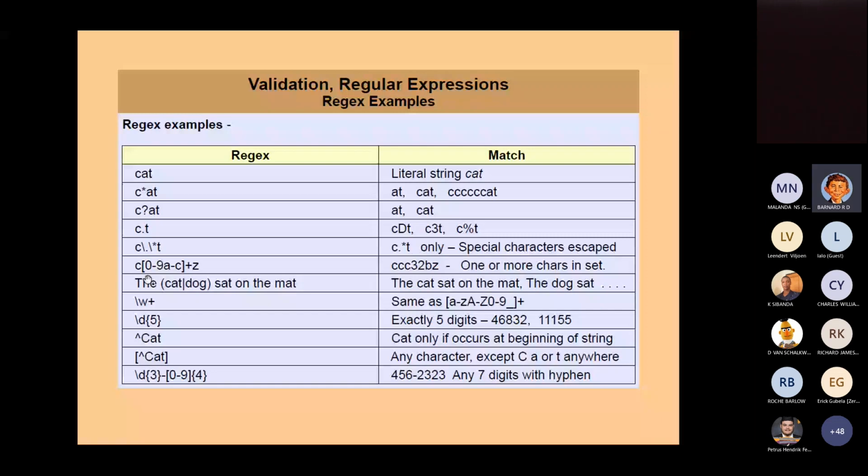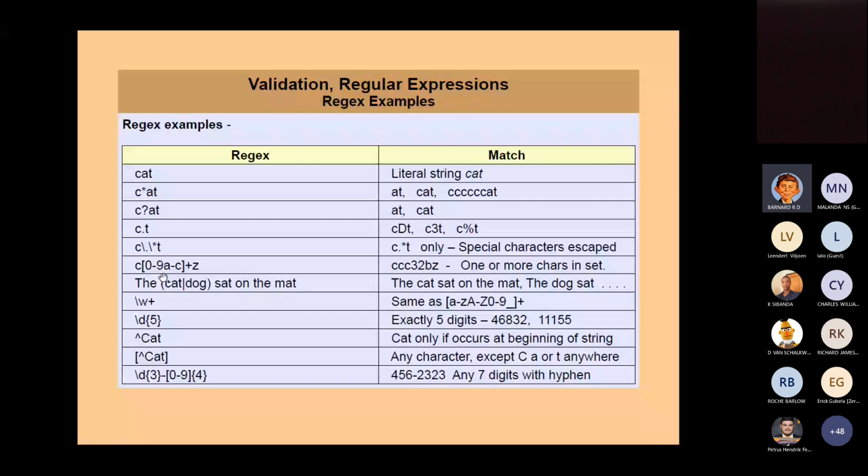Then this example with the square brackets, we have a literal C, so there has to be a C at the beginning. Then the plus sign says that there's 1 or more occurrences of whatever is within the square brackets.